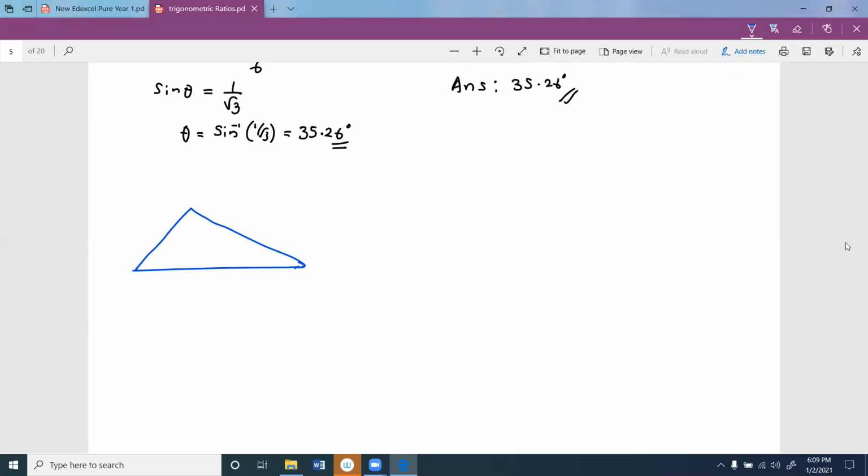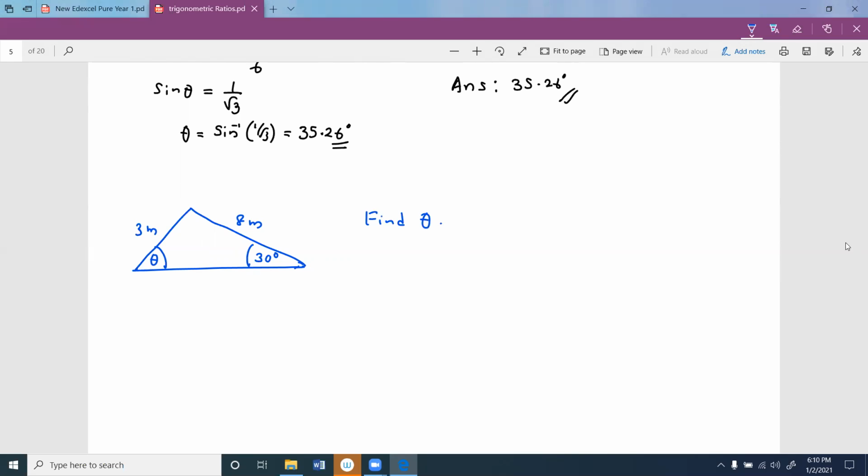So this is 30 degrees, and this is the value we need to find, theta. This is 8 meters, and this is 3 meters. The question is: find the value for theta.